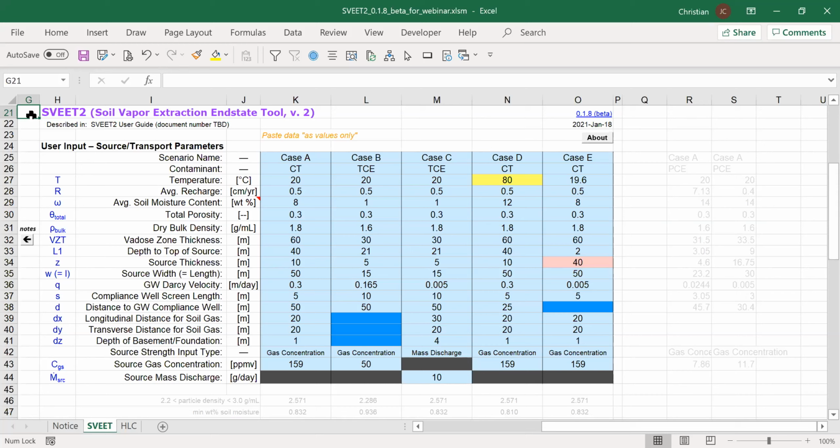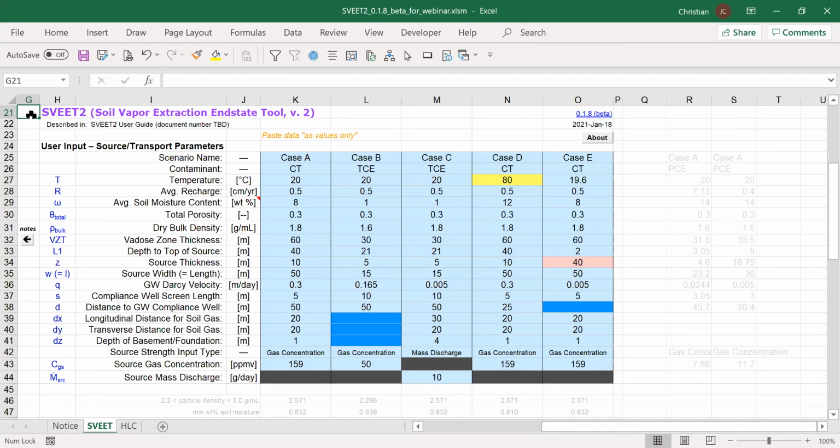Some of these things are pretty easy to get. Again, I think we go back to the source definition: where is it located, what's the strength of that? That's where you're going to find the most uncertainty. And so I think this might lead you to gather some additional information to better pin down some of the parameters and help with your justification and decision making.